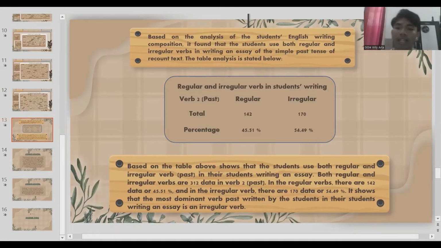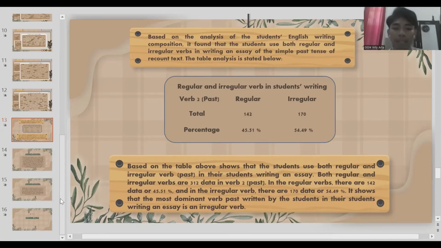All right, based on the analysis of the student English writing composition, it was found that the students used both regular and irregular verbs in writing an essay of the simple past tense of recount text. The table analysis is stated below.